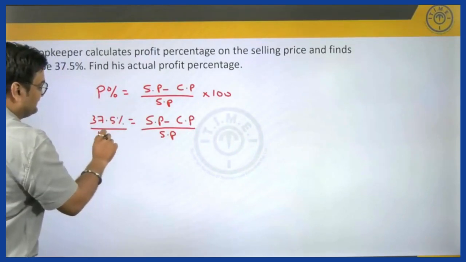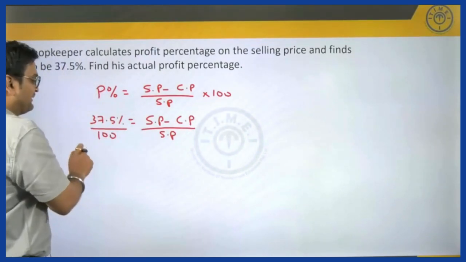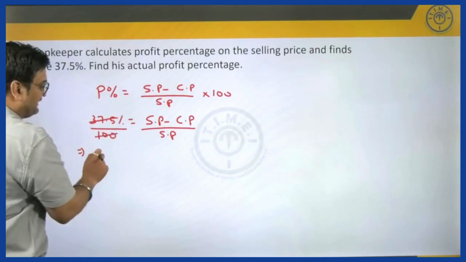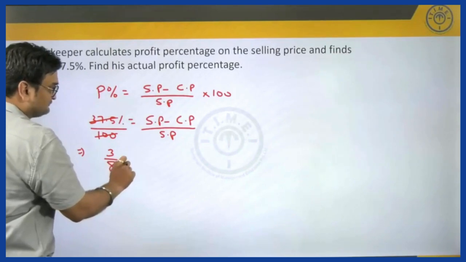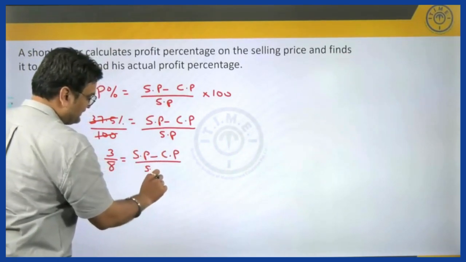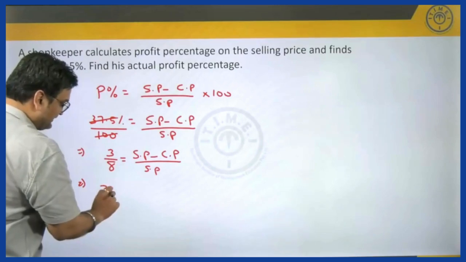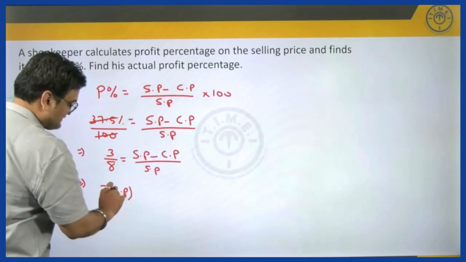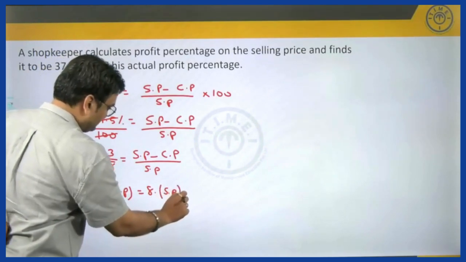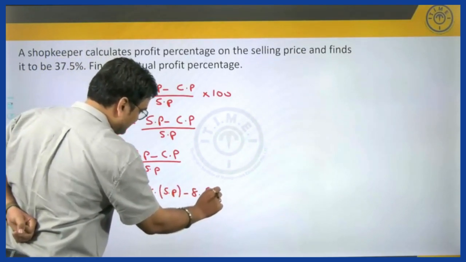I can send the 100 to the other side: 37.5 by 100. When you simplify this, it's going to be 12.5 times 3, 12.5 times 8, so 3 by 8. Now please cross multiply. So 3 times SP will be equal to 8 times SP minus 8 times CP.